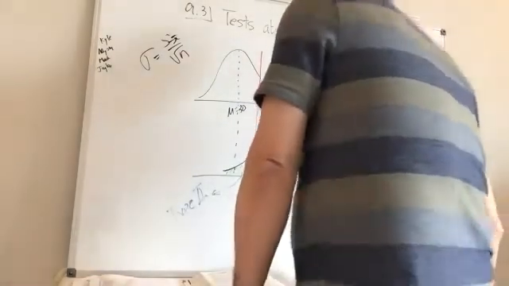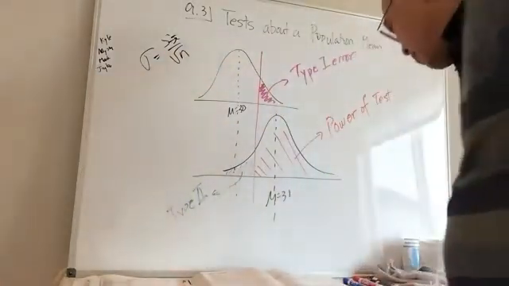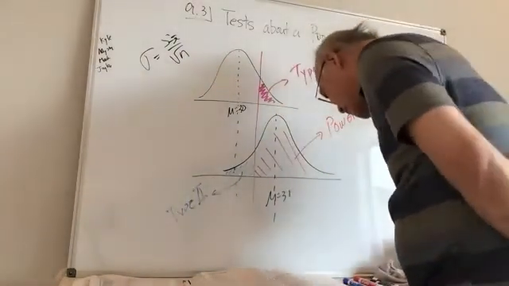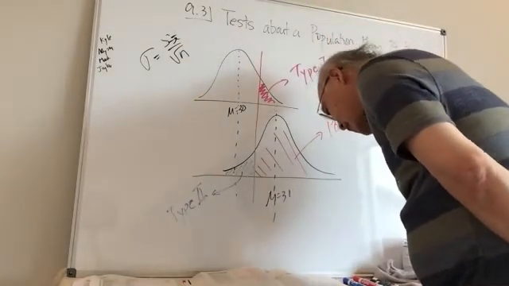If you go to page 601, there's a green box that says increasing the power of a significance test. 3 things you can do.